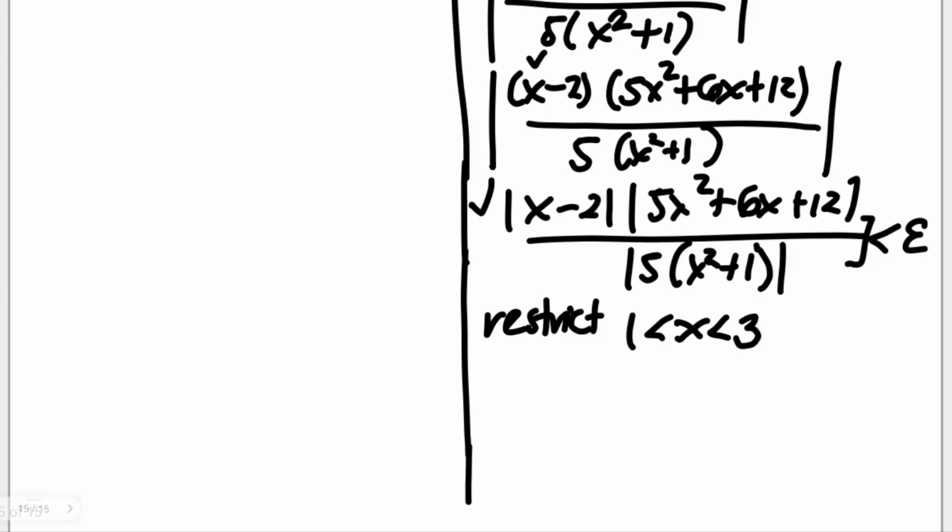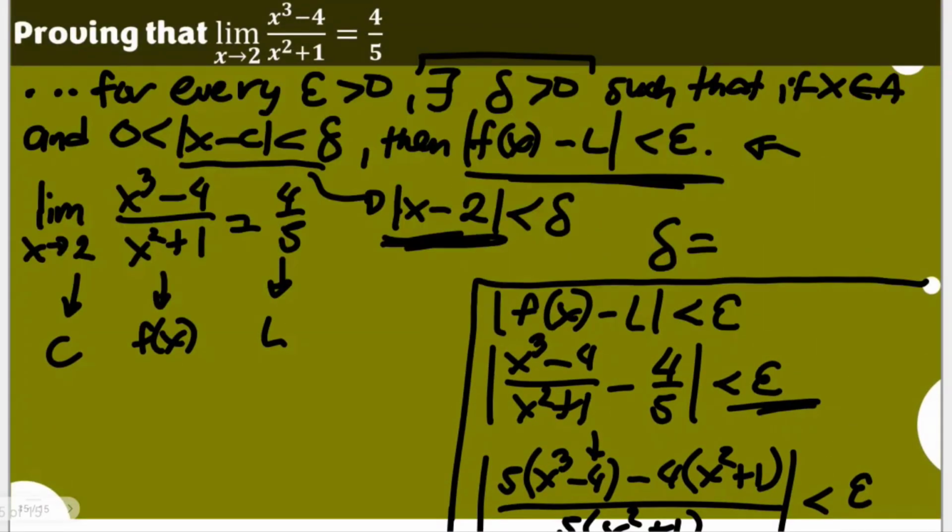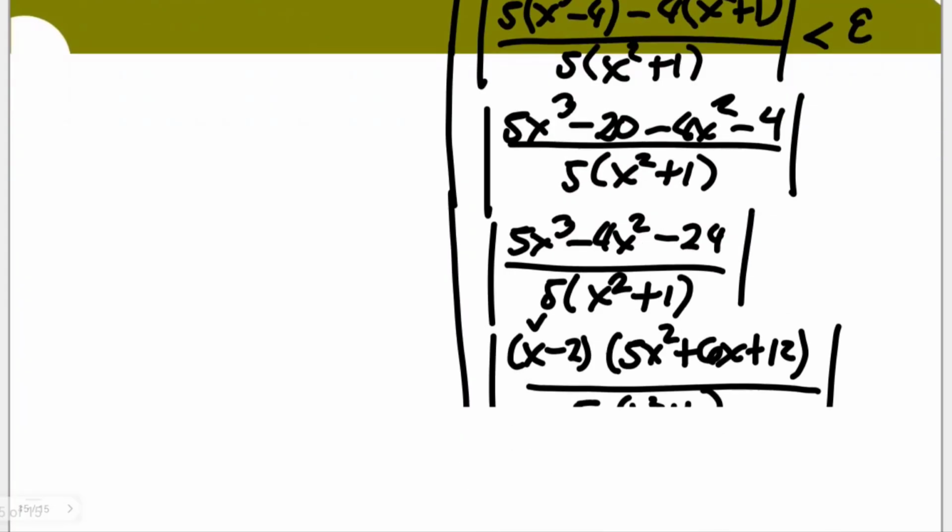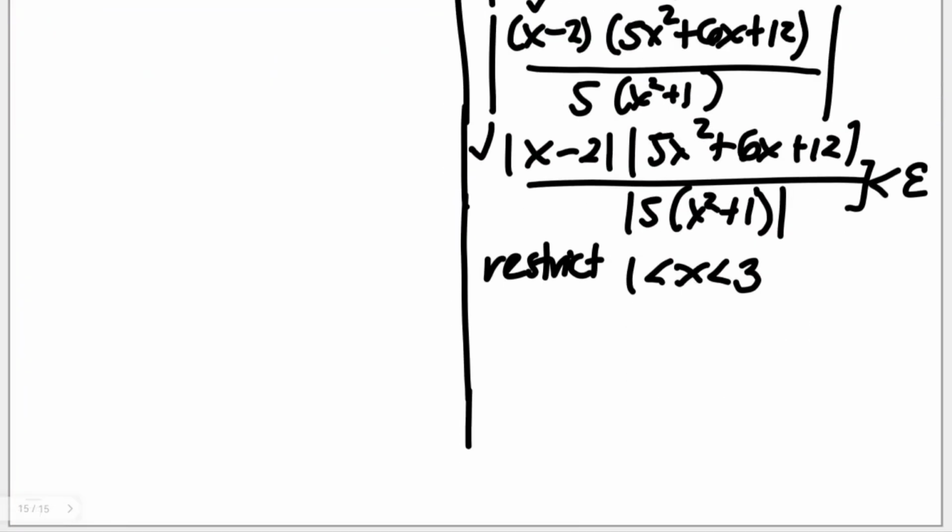This is okay because our intended value of x here is 2. So we are actually picking the next integers in between. So we are restricting that. Now, after restricting this, we are going to assume a certain maximum value for this expression. How would we find the maximum?